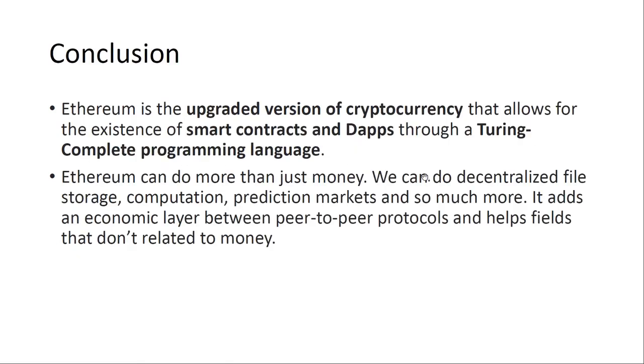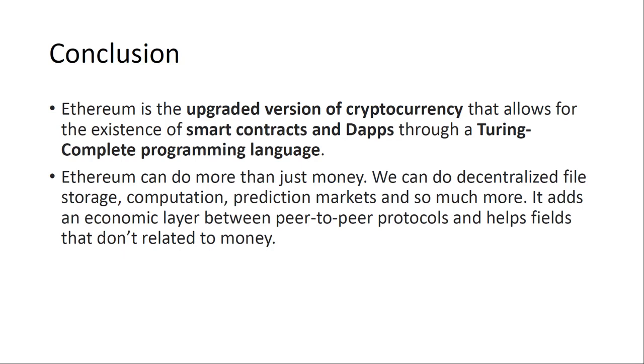Next, conclusion. Ethereum is the upgraded version of cryptocurrency that allows for the existence of smart contracts and dApps through a Turing-complete programming language. But the interesting thing is that Ethereum can do more than just money. We can actually play with decentralized file storage, computation, prediction markets, and more.